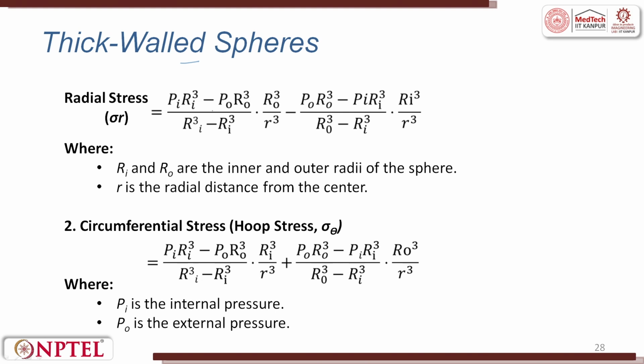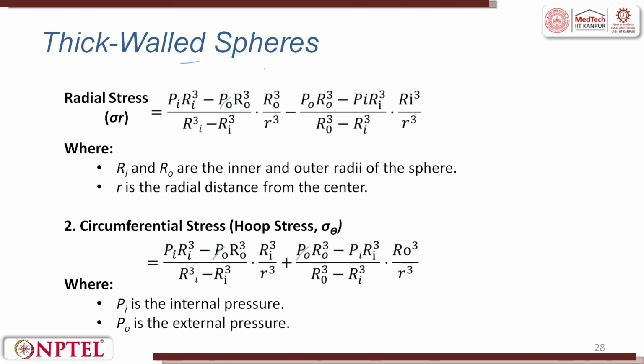When we calculate the circumferential stress, it is the hoop stress sigma theta. We calculate it using this formula, where Pi is the internal pressure and Po is the external pressure. If the external pressure is atmospheric pressure, then Po goes away.